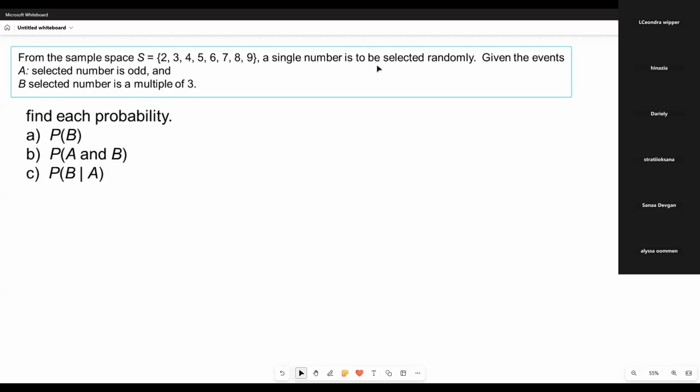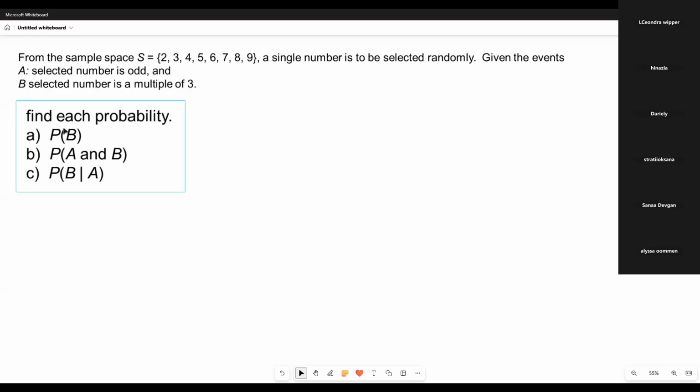Given the events A, selected number is odd, and event B, selected number is a multiple of 3. Find each probability.